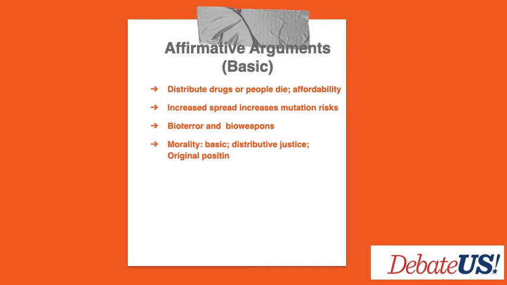We've already seen potential for this. They're studying or looking out for what they call a variant of interest, the MU mutation. If it spreads widely, this mutation has the potential to essentially negate the vaccines. Related to this, we've had debate arguments about this in the past, like bioterror or bioweapons.